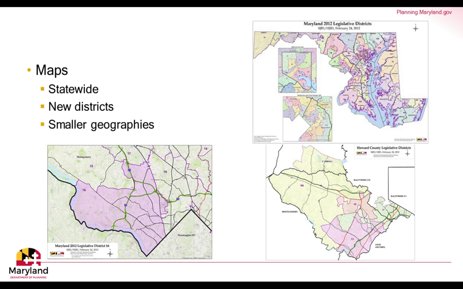We create the maps with shapefiles. So I do GIS, and we create the maps with the block equivalency files we receive from the redistricting committee. And that information, in addition to being used to create maps, is also available on our website.